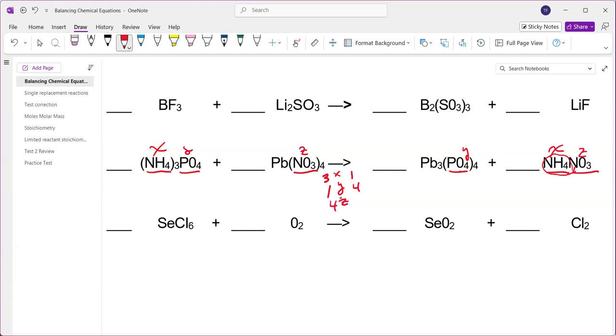And we have 1 on the right. And how many leads do we have on the left? 1, and on the right, 3. So whenever we have an ion grouping on both sides, the only way it'll work is that they have to be on both sides. If it's on one side only, can't do this process.